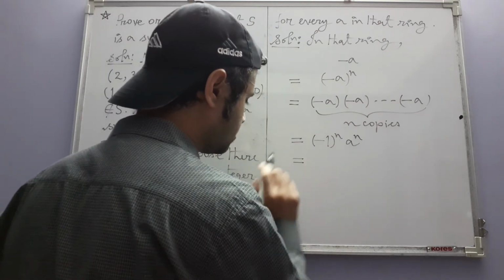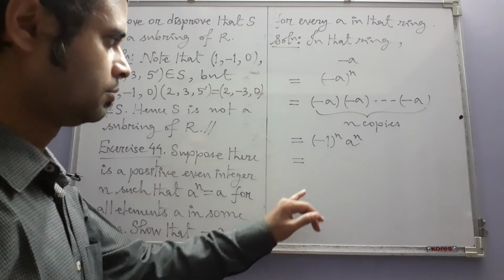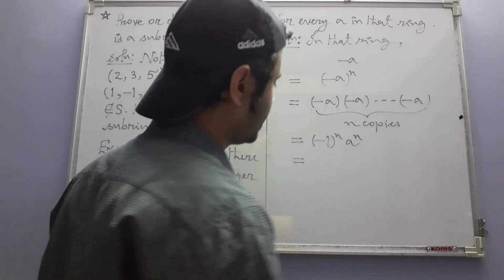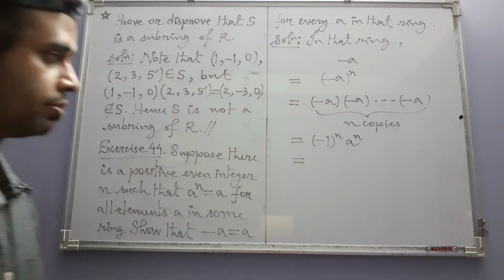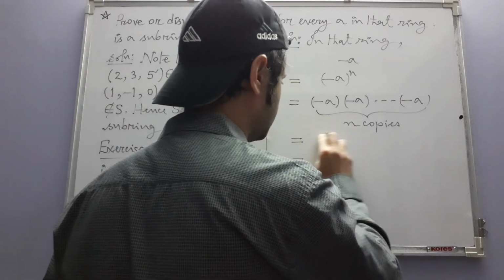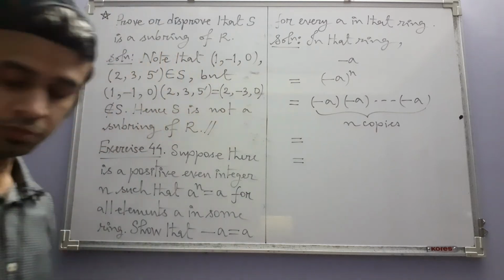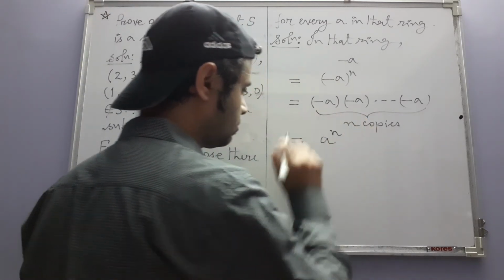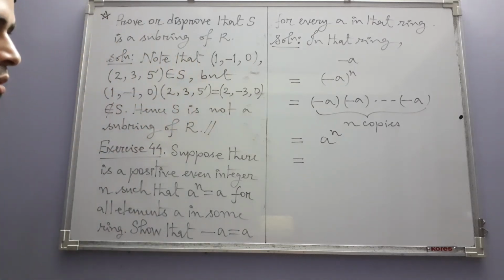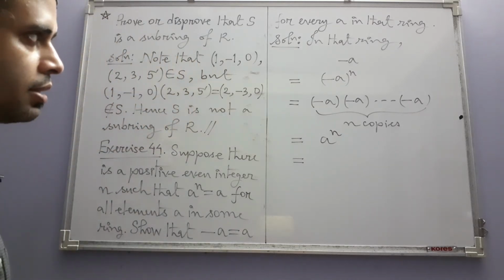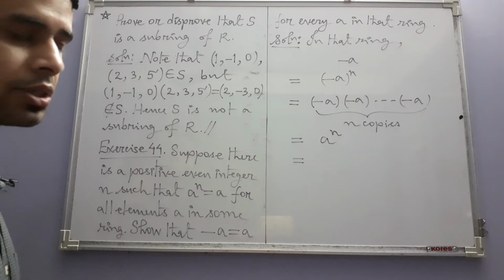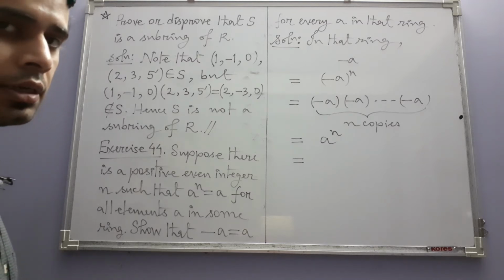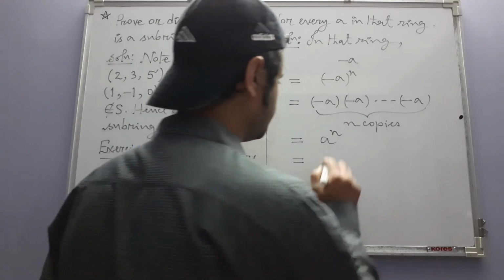Actually, we not only can, we have to write it as a to the power n. I cannot bring minus 1 into the equation because 1 may not be there in the ring, it may not have a unity.